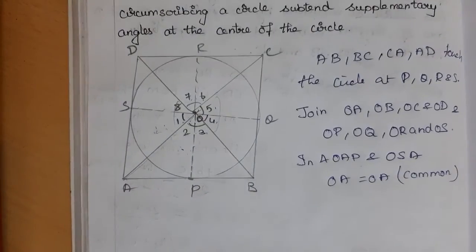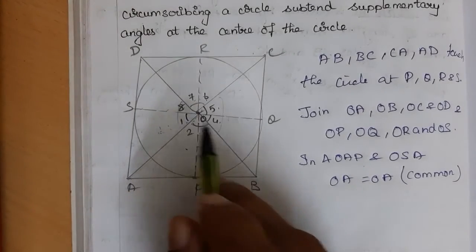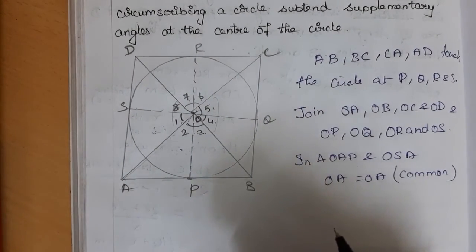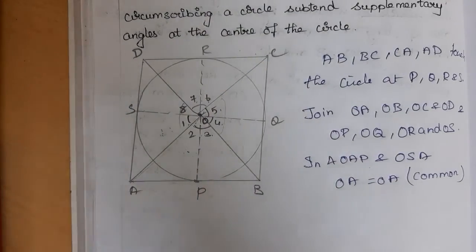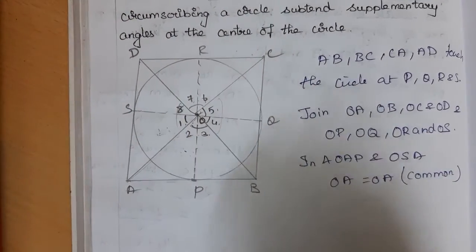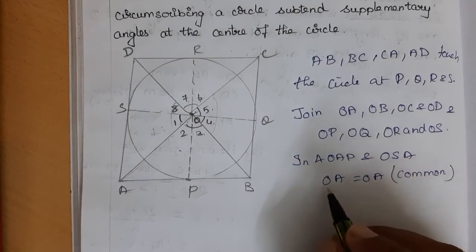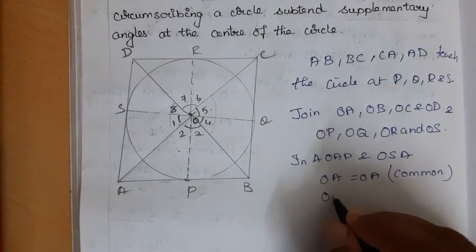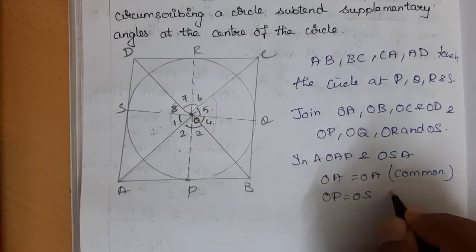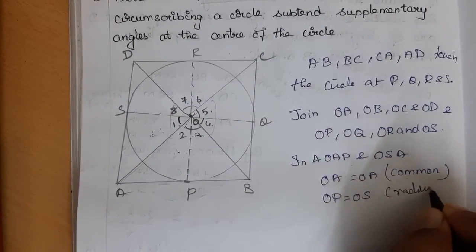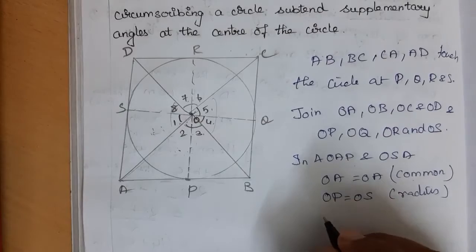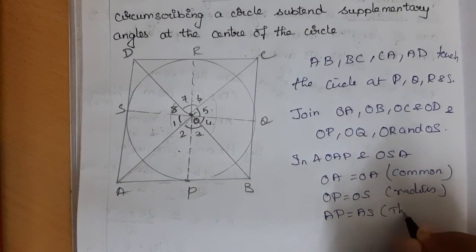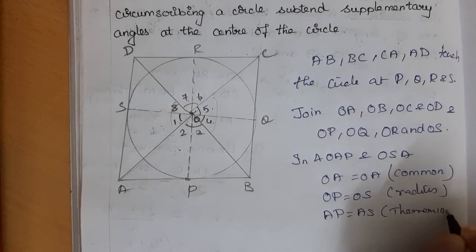So we are going to prove these two angles are equal. OP and OS are radii, and AP and AS are equal tangents. I hope you remember that we have proved this in one of the problems. This is theorem 10.2, right?